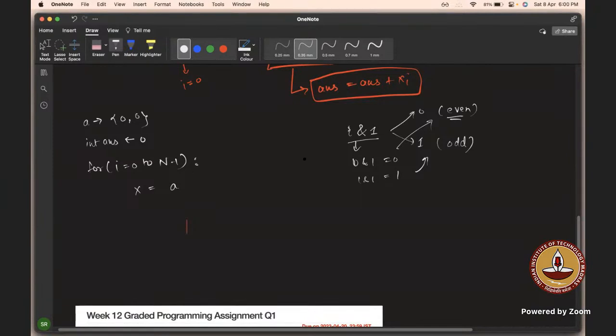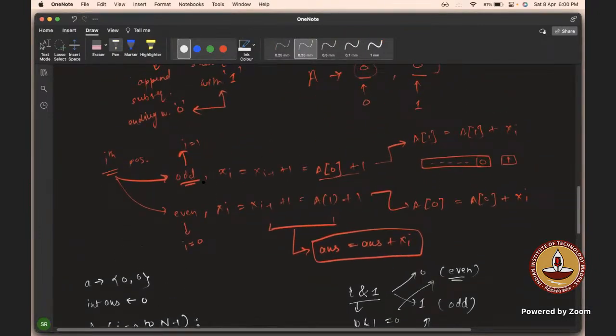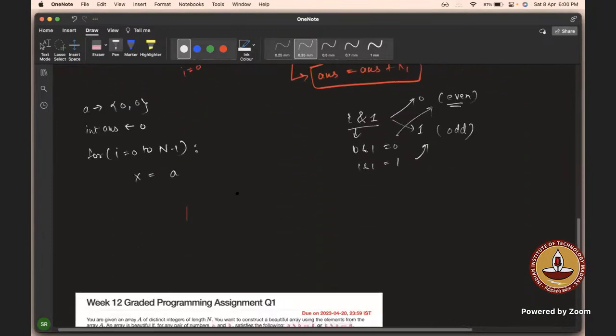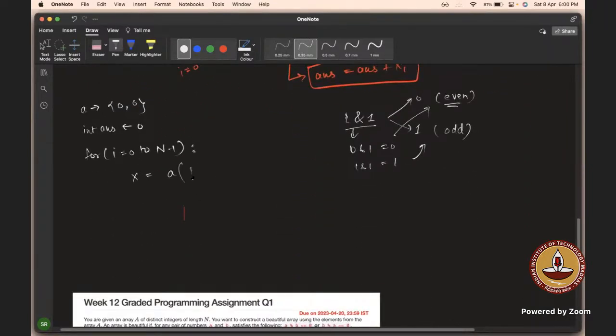And now we have to choose the opposite of it, right? Here you check that when it was odd, we took this one, right? So that is why you do the NOT of it. So when i is even, it returns 0 and gives us this position, right?